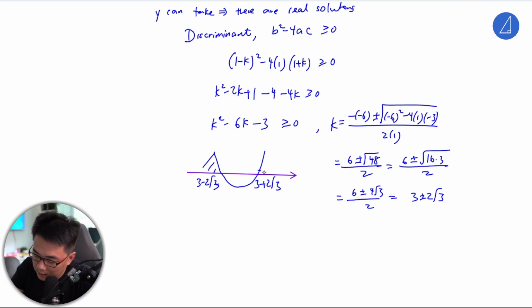So we are finding this range here. Hence, k is at most 3 minus 2 root 3, or k is at least 3 plus 2 root 3.